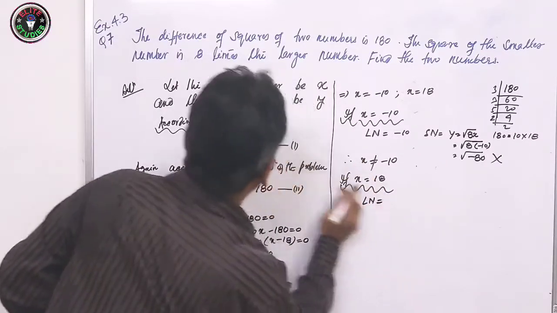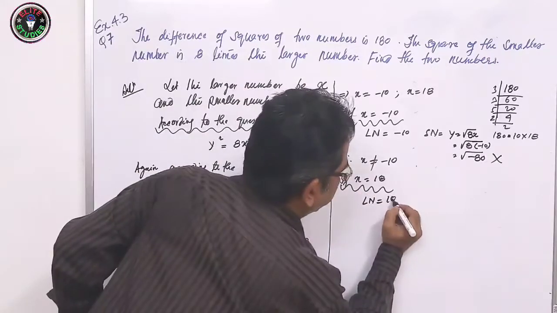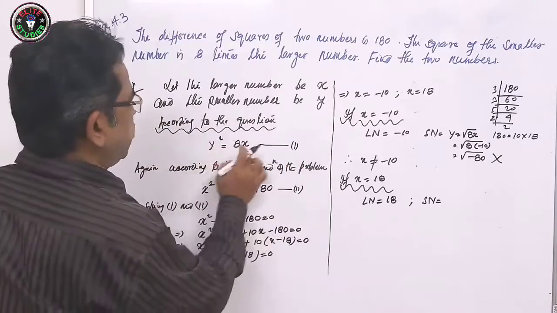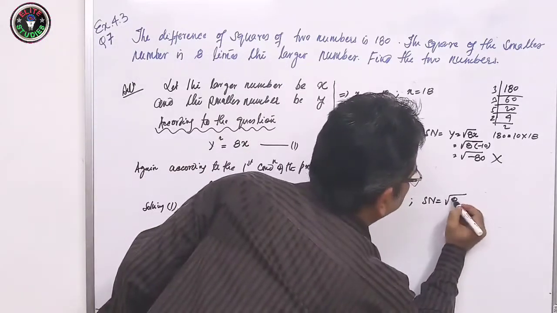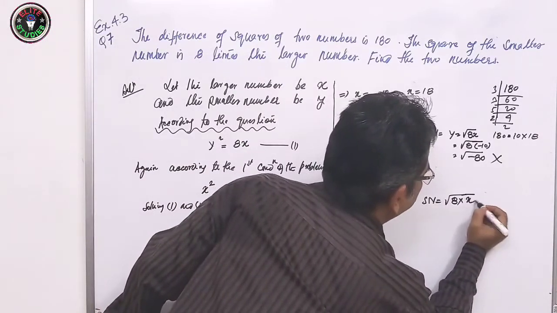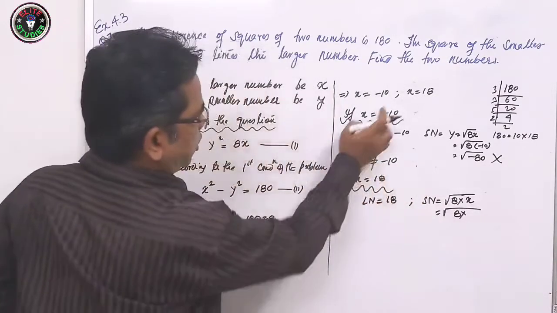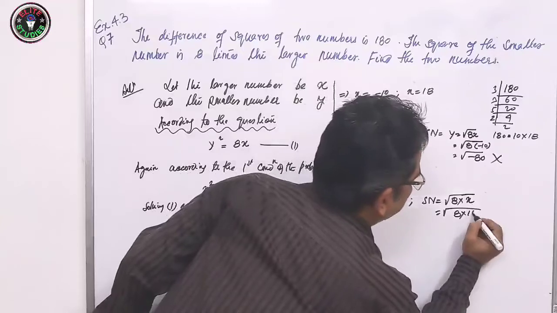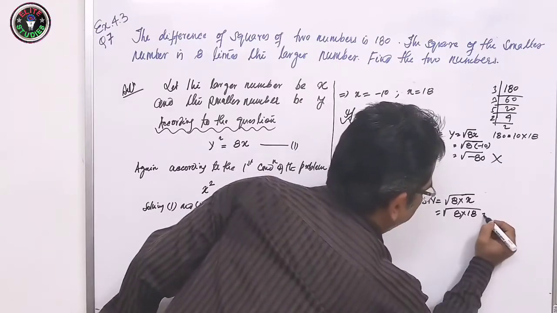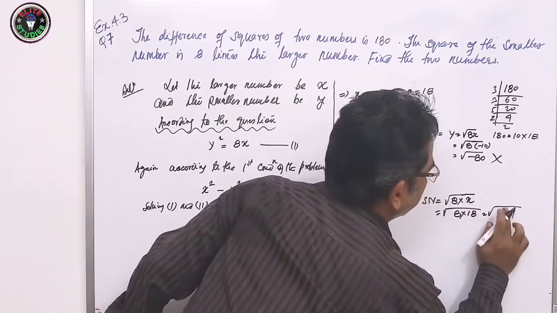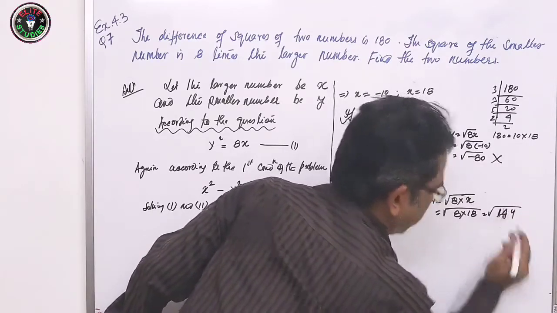Larger number is equal to what? X is equal to 18, and the smaller number is equal to y. Y means root over 8x. Root over of 8 into x, which will be equal to root over of 8 into 18, since x is equal to 18. So it will be equal to root over of 8 into 18, which is 144.